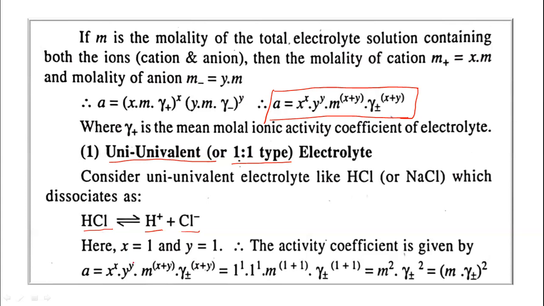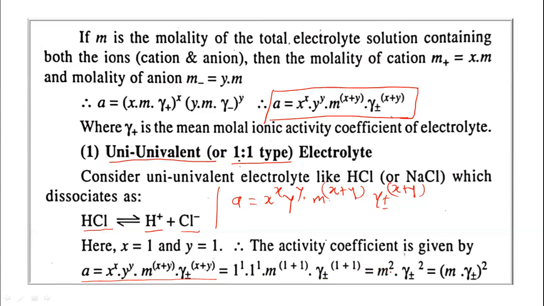So for this electrolyte, the expression for the activity becomes: activity is equal to x raised to x into y raised to y, m raised to x plus y and gamma plus minus raised to x plus y. Here x equal to 1, y equal to 1. So you can see 1 raised to 1 into 1 raised to 1, m raised to 1 plus 1, gamma plus minus raised to 1 plus 1.